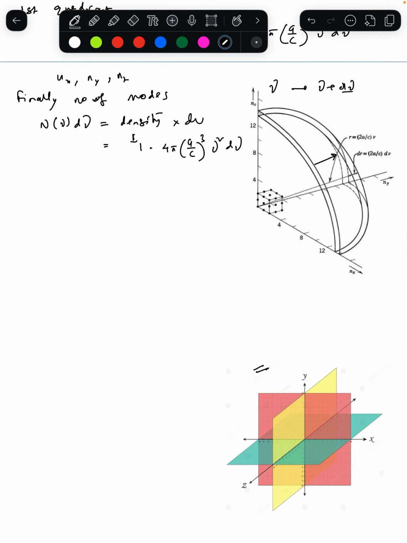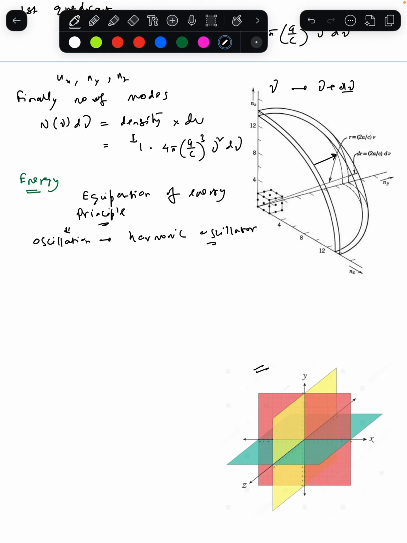Now you come to the energy part. Here I am going to follow the equipartition of energy principle. If you think about the equipartition of energy principle, we are going to compare that oscillating atom or the charge with a harmonic oscillator. For the harmonic oscillator, for one vibrational mode, there are 2 vibrational degrees of freedom.